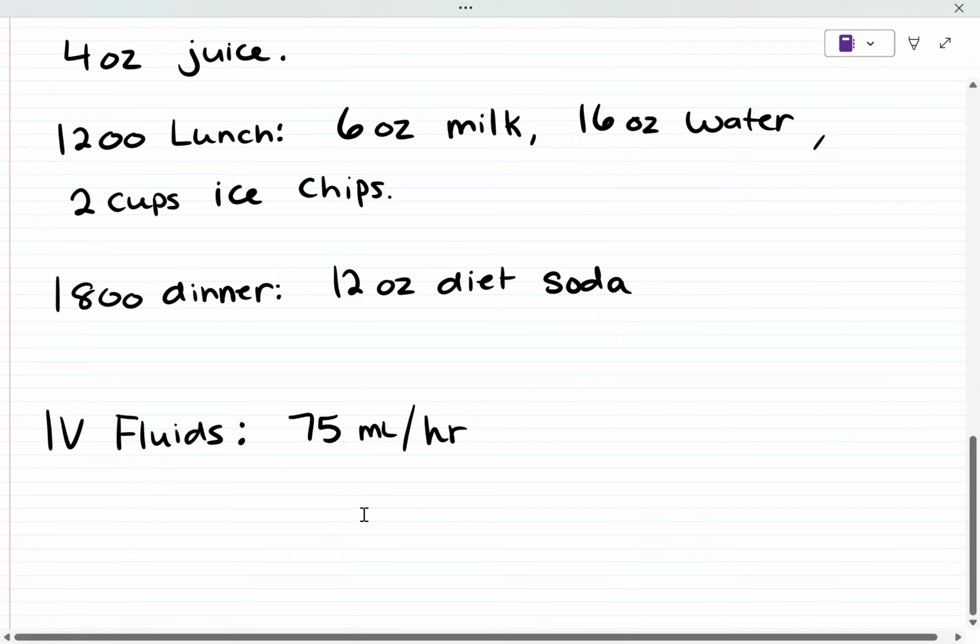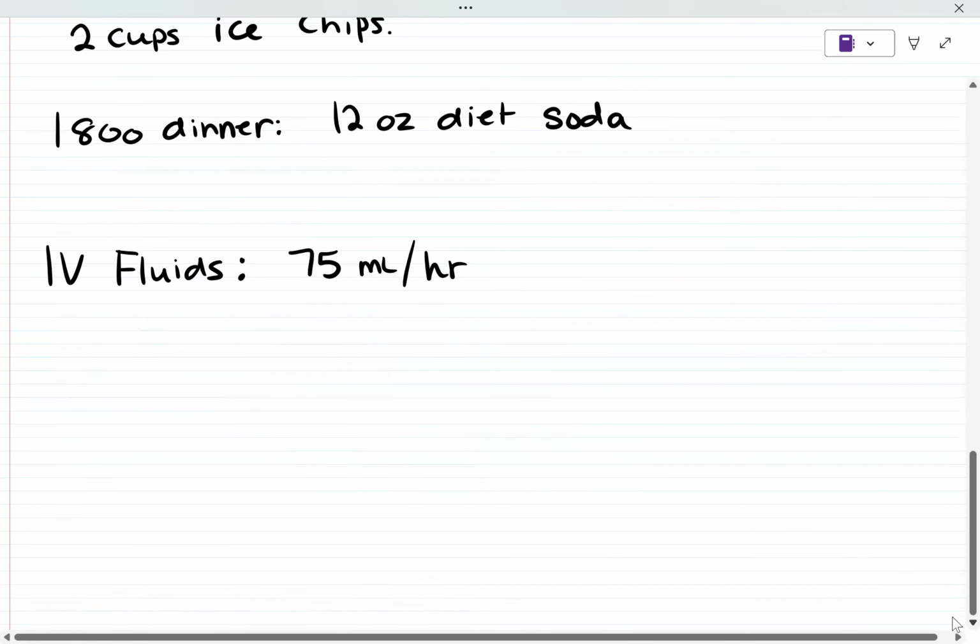The first thing I'm going to calculate is my urine output. What would be my urine output?